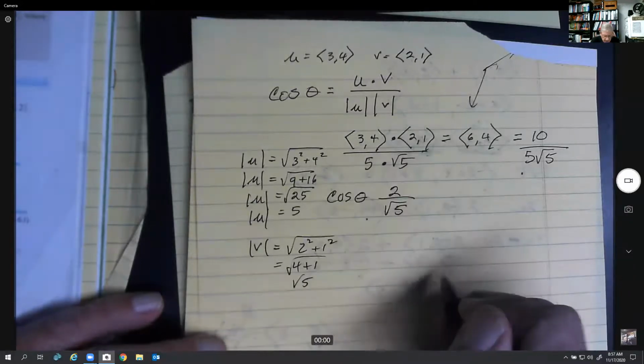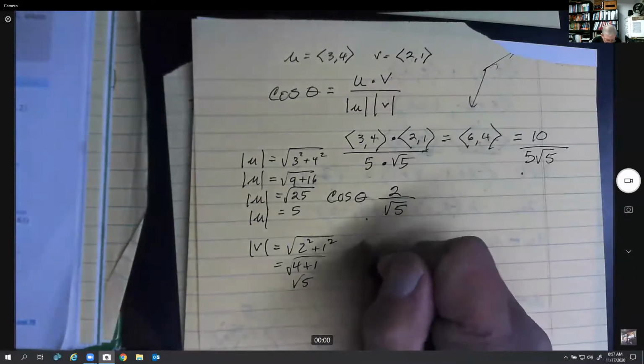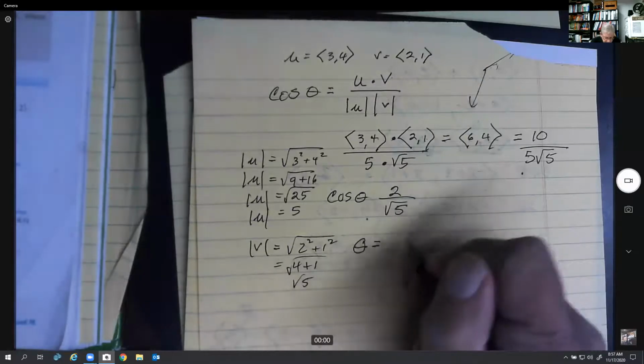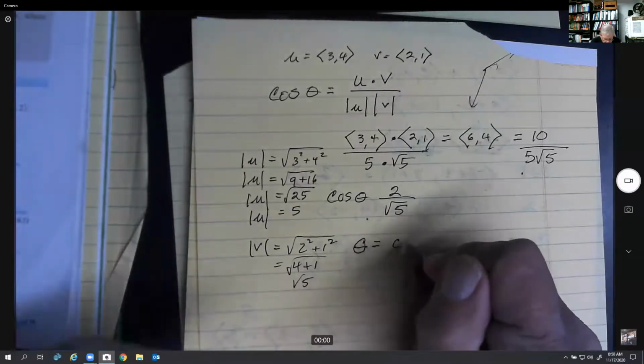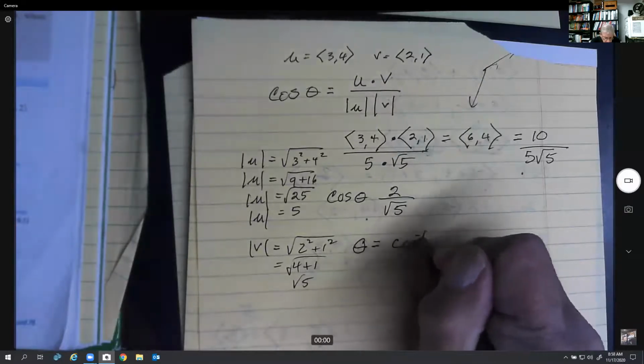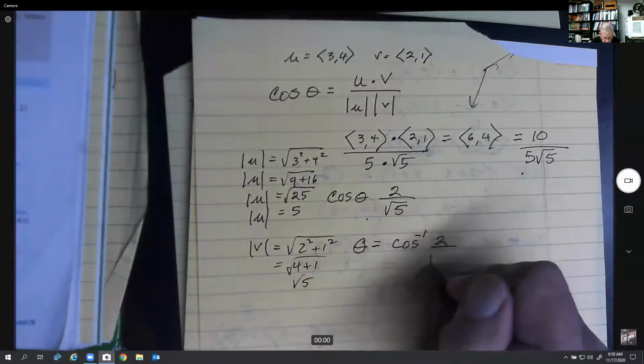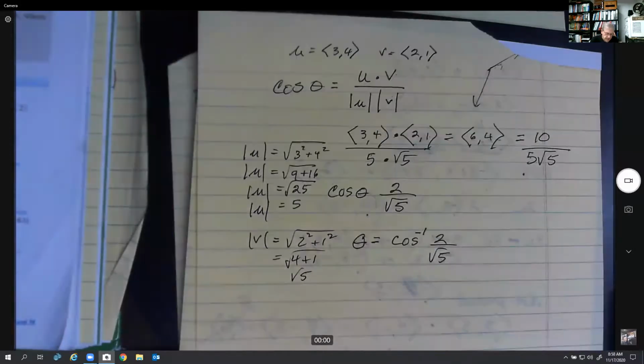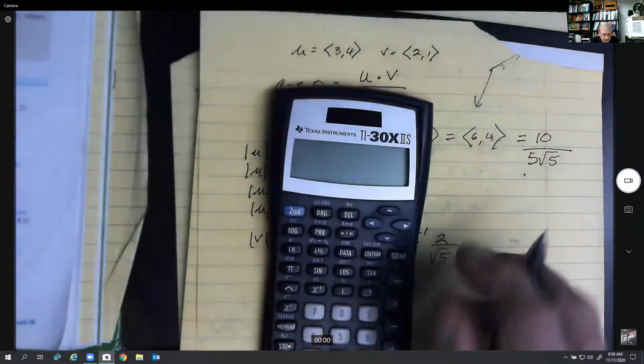But I want to know what theta is. So theta is the arc cosine, or inverse cosine, of 2 divided by the square root of 5. Let's put that in our calculator.